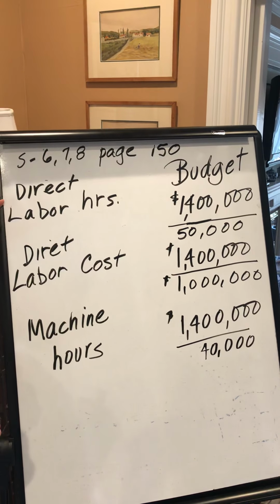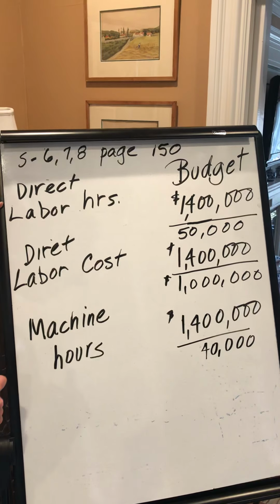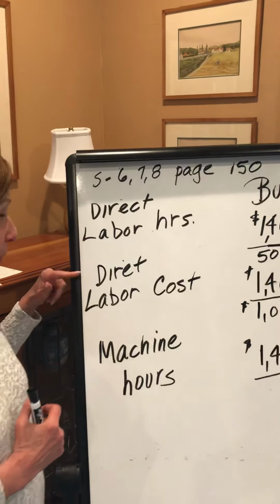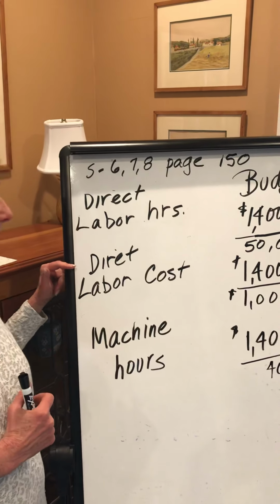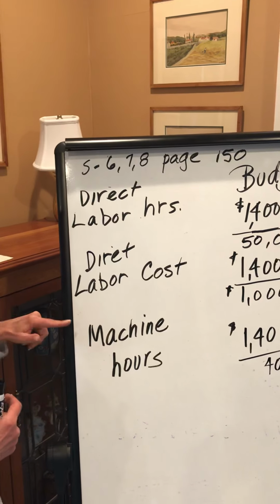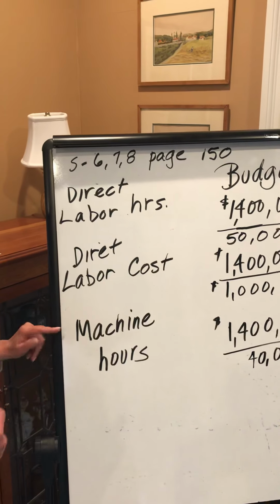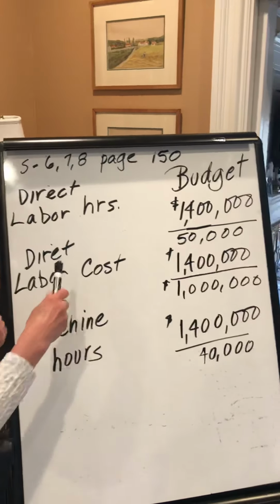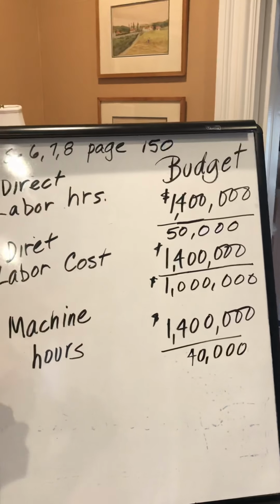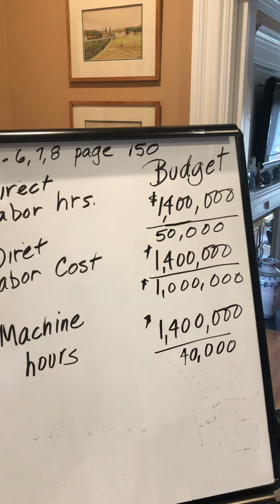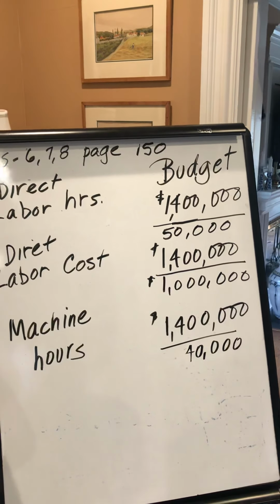They are looking at 3 different ways to allocate that. Choice 1, using direct labor hours to allocate overhead. Choice 2, use direct labor cost to allocate overhead. Choice 3, use machine hours. So at the beginning of the year, again, they know their overhead budget's $1,400,000. They expect to have 50,000 hours of direct labor.